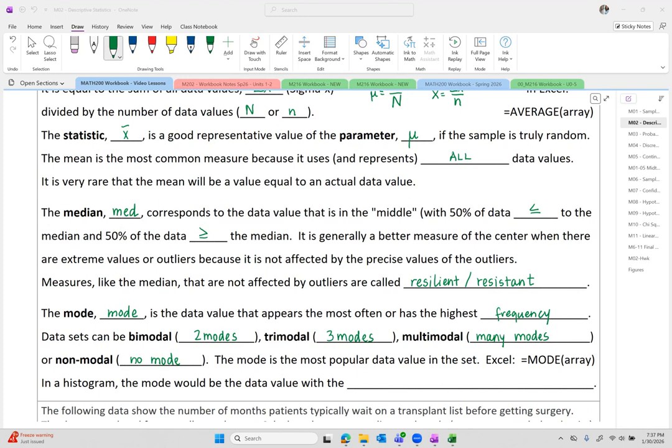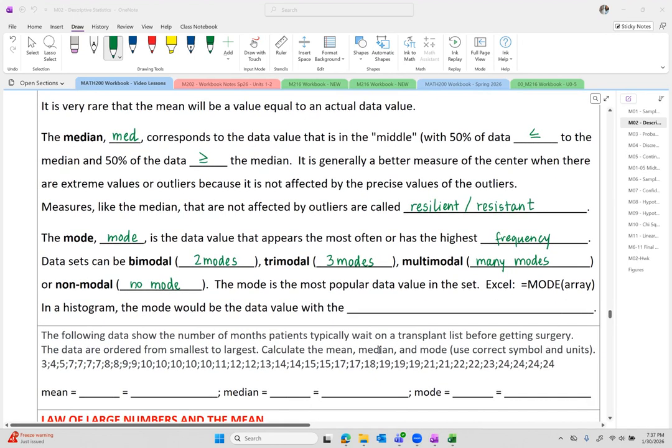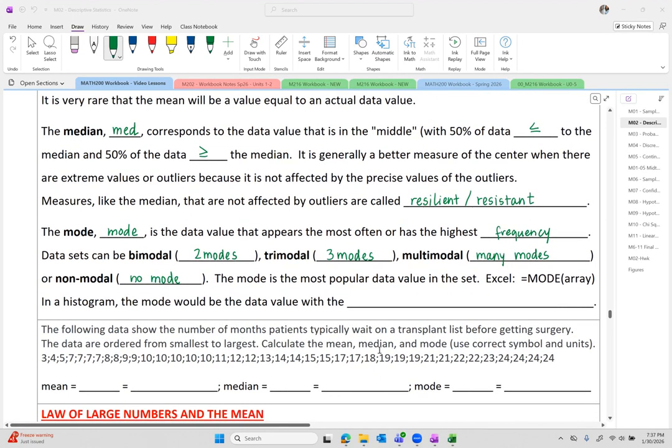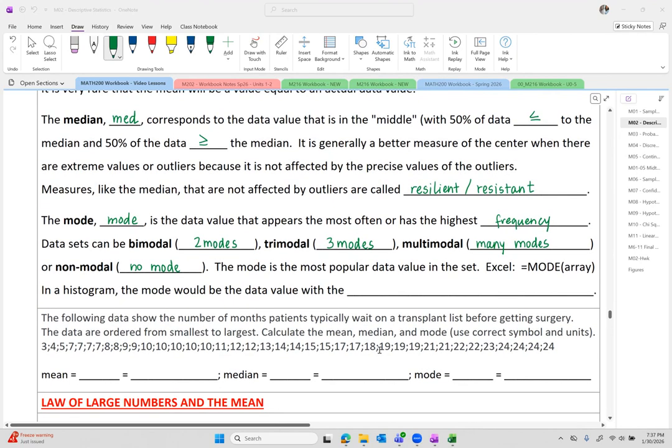The mode is the most popular data value in the set. In Excel, the function we will use is equal to the mode of the array of values. In a histogram, the mode would be the data value with the tallest rectangle.